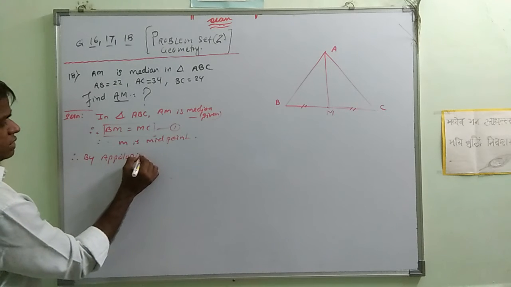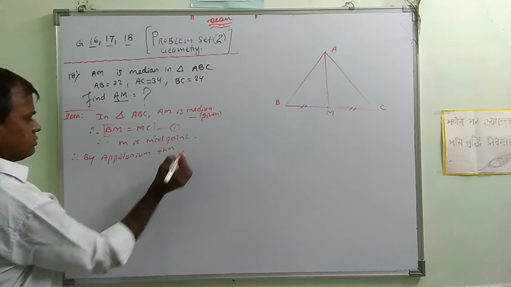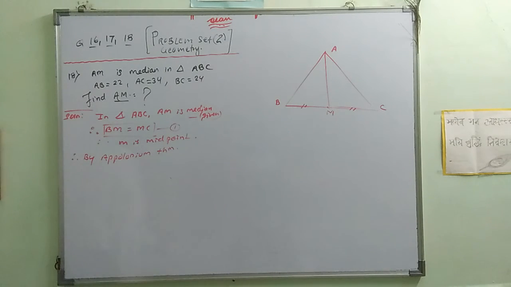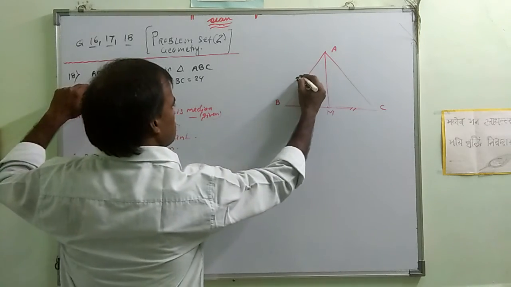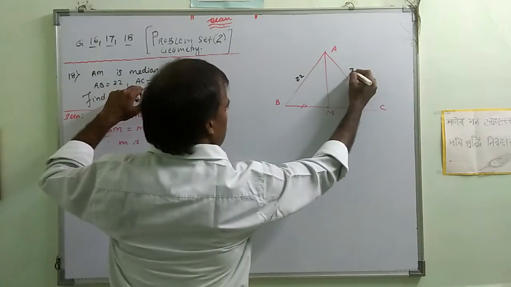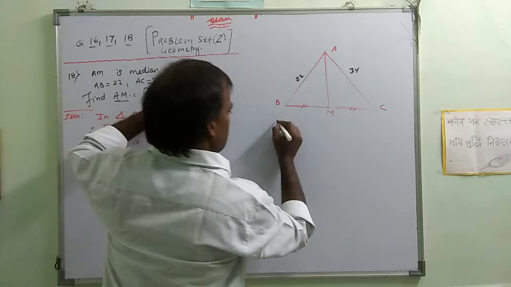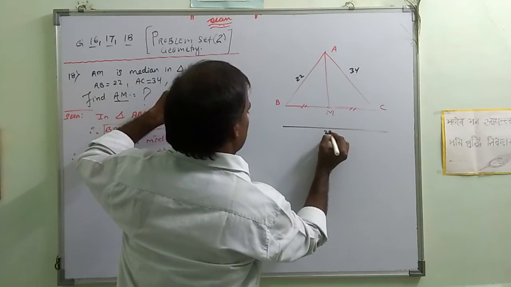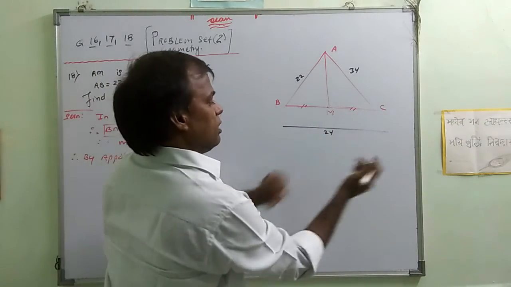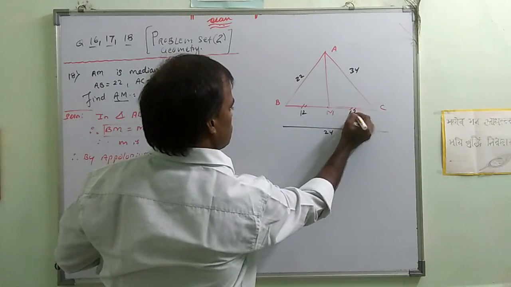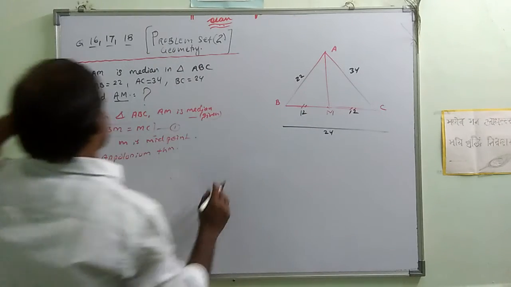AB they have given 22. AC is 34. BC in full is 24. This is the midpoint, so the halves become equal, 12 and 12.